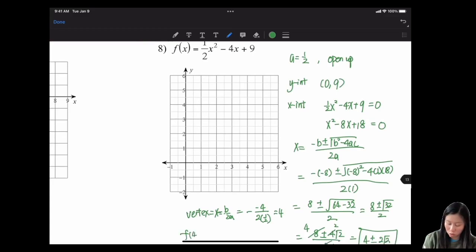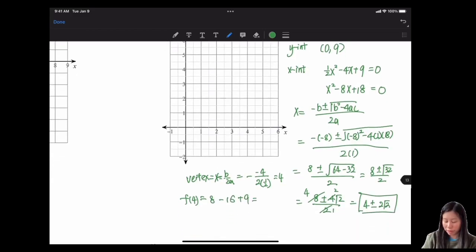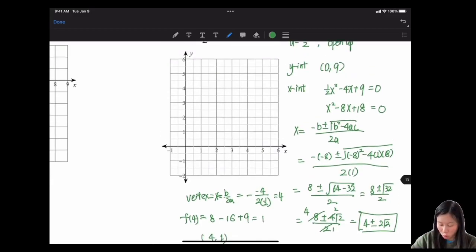So f of 4 equals 1/2 times 4 squared, which is 8, minus 16 plus 9. This equals 1. So the vertex is 4 and 1. So 4 and 1 here.